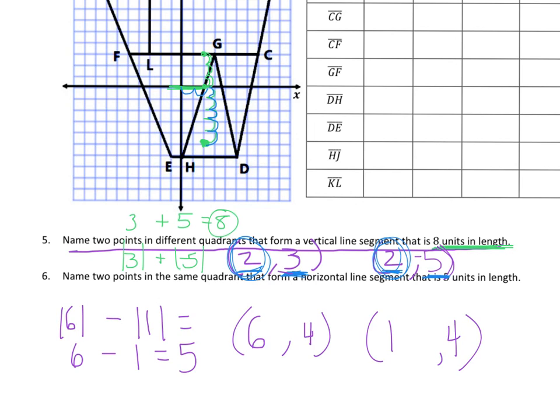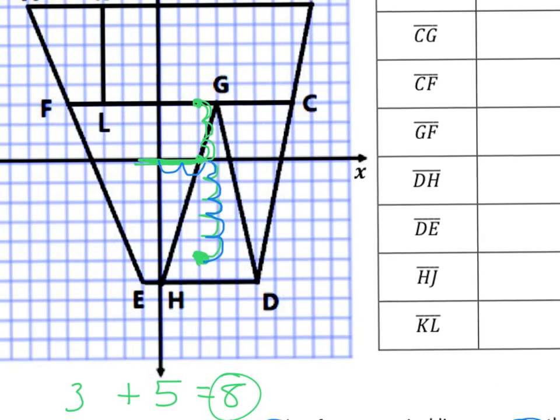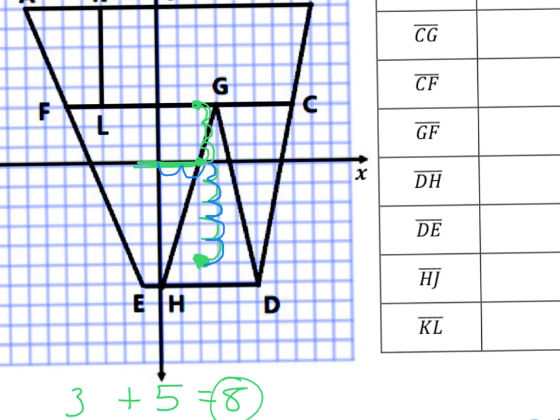So if I went up and plotted it up above on my coordinate plane, I could see that if I go over 6 and do 4, and go over 1 and do 4, I'm going to be on the same line. And I'll show you that one real quick. 6, 4, and 1, 4. So 1, 2, 3, 4, 5, 6. 1, 2, 3, 4. That's my first one.